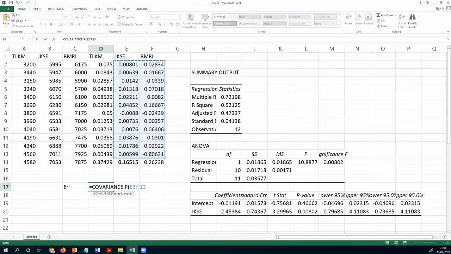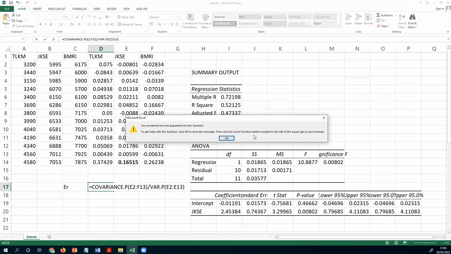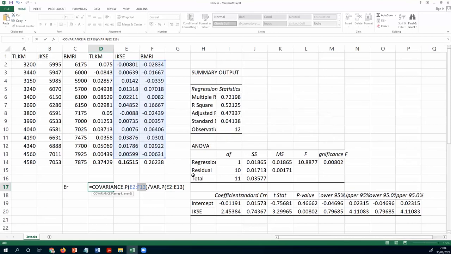This is the covariance of the Jakarta Stock Exchange and Mandiri, divided by the variance of the Jakarta Stock Exchange only. Oh, sorry, too many views. Wait a second.